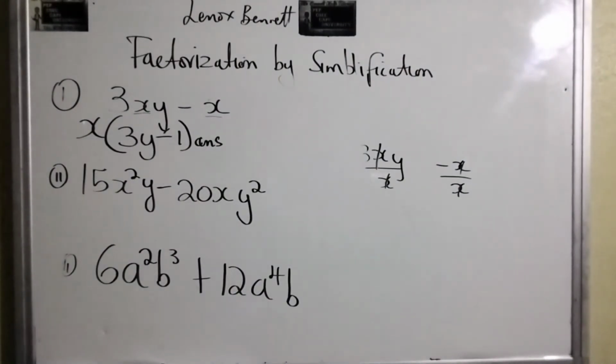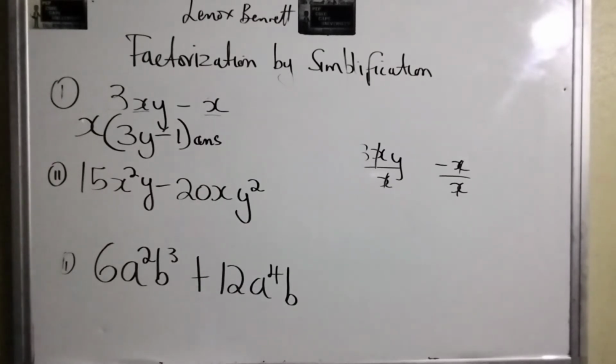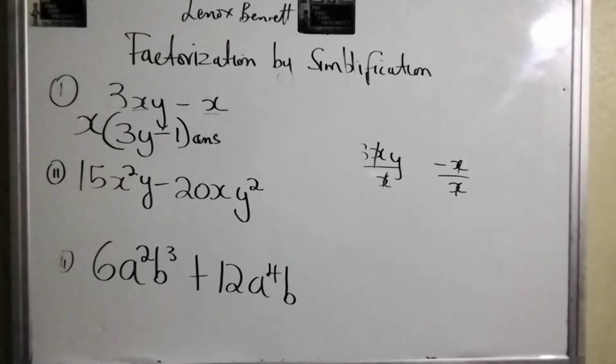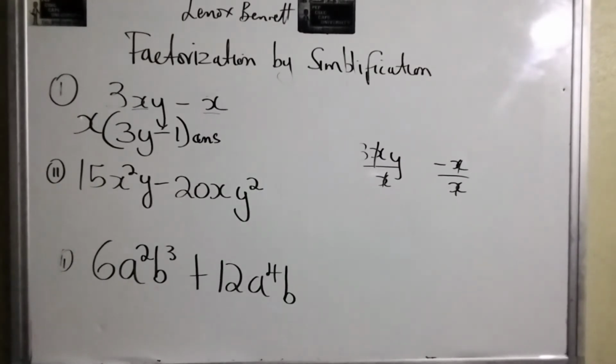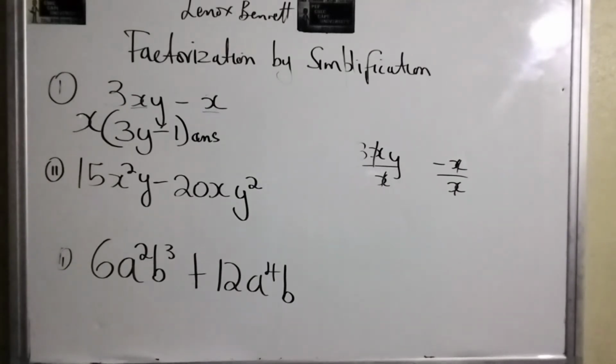It says 15x squared y minus 20x y squared. Now, we must take out the highest common factor. Remember what we do in primary school, where we take out the highest number that can go into both 15 and 20 without a remainder.